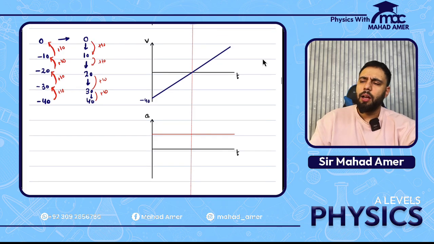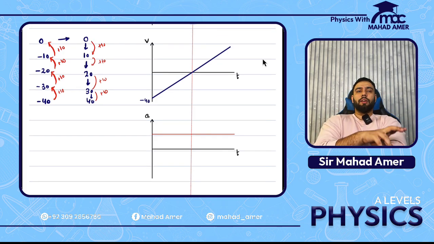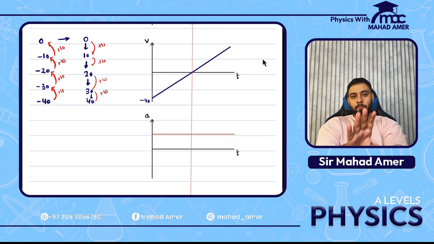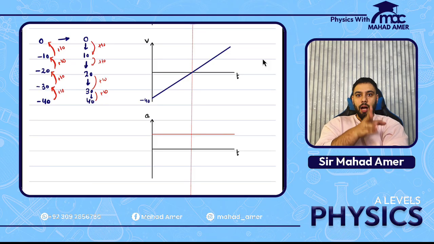Remember, in the scenario where the object is going up and down under the influence of gravity, the acceleration is not changing. The pull of acceleration stays the same. The only thing you have to analyze in this scenario is the direction of motion. If the upward direction is negative, then the acceleration will be positive.